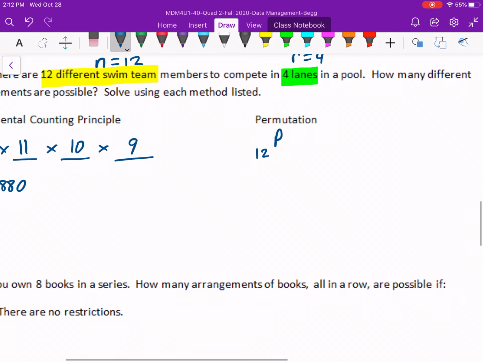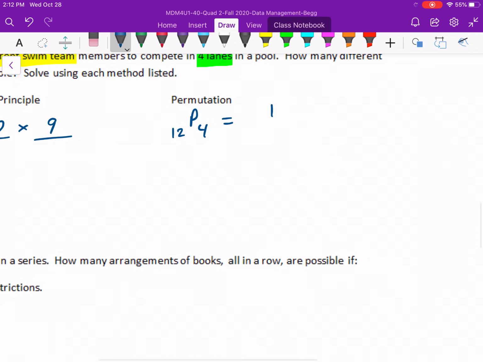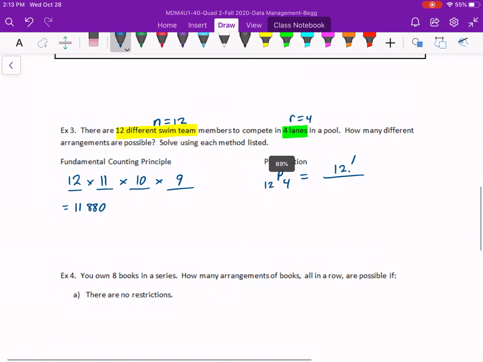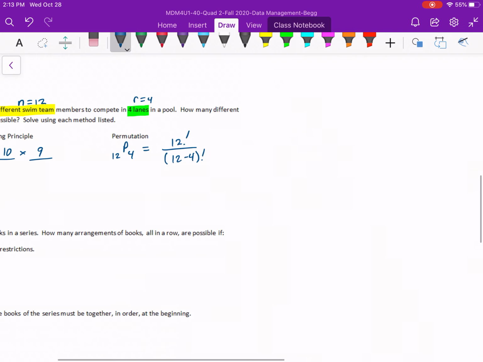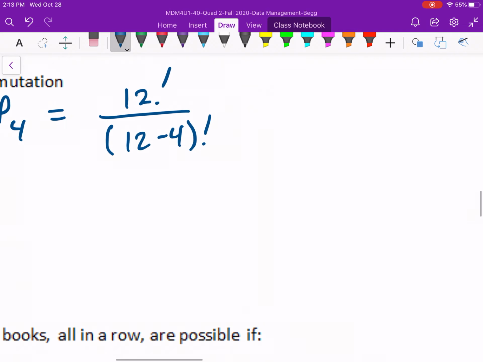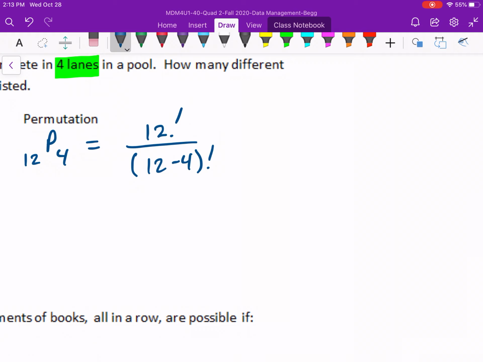I've got to do 12P4, which I know is going to be 12 factorial over n minus r factorial, minus 4 factorial. I just don't have the formula on the screen, so I'd like to show it to you again. Let me zoom in here. Remember, the formula was nPr equals n factorial over n minus r factorial.